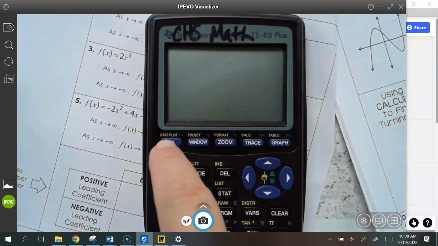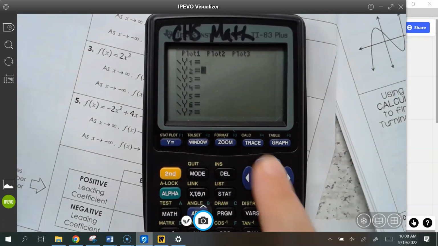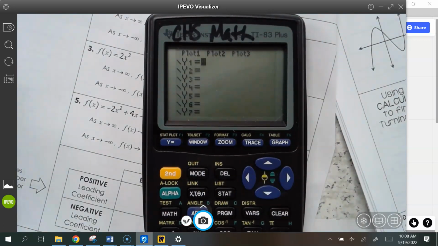Okay, y equals. Let's type this in. Yep, just type the equation in.